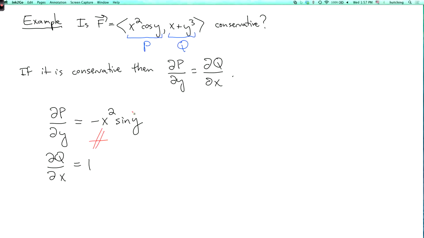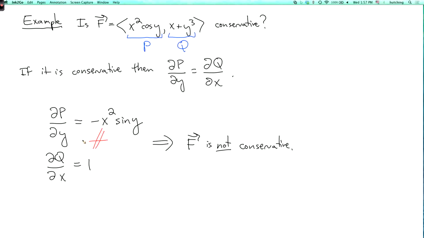So since these are not equal, we conclude that this vector field cannot be conservative. Because if F were conservative, then by Clairaut's theorem these would have to be equal, but they're not. Okay? So this is a way to prove that a vector field is not conservative.